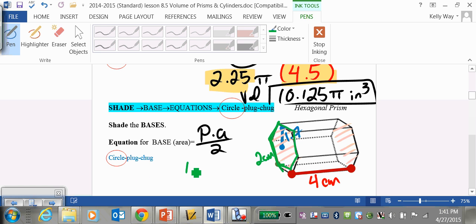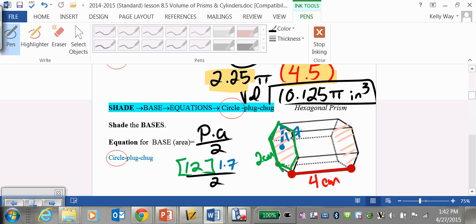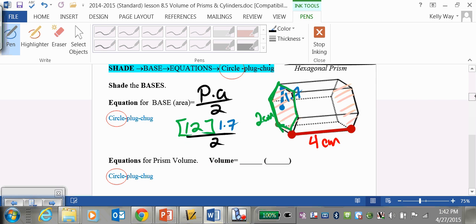That's going to be 12 is our perimeter times our apothem, 1.7, over 2. Get out your calculators and do the math there, guys. Okay. Ready? David, what'd you get?